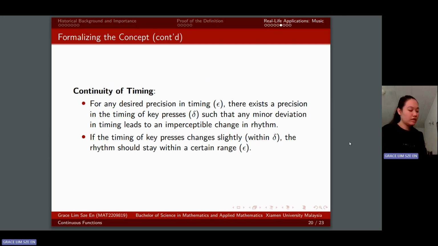But if I go beyond delta, you can actually hear the change in the rhythm more. So if I only change the timing of the key press slightly, the rhythm also will stay within a certain range. So the change in rhythm will also be less than epsilon.